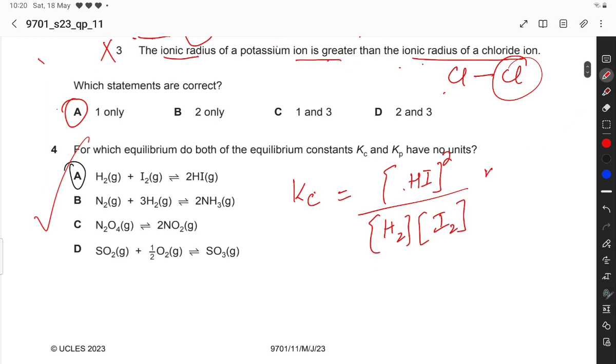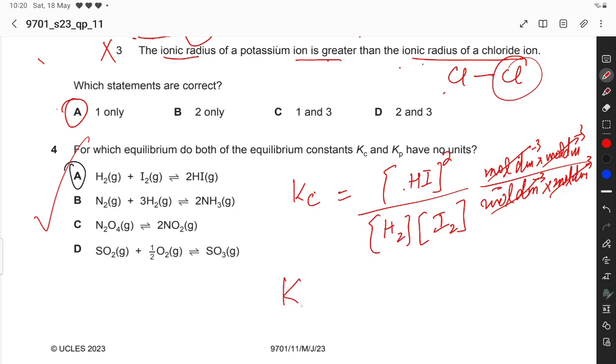So the units are mole per dm cubed, mole dm cubed to the power of inverse 1, inverse 3, and so that's why it has no unit.